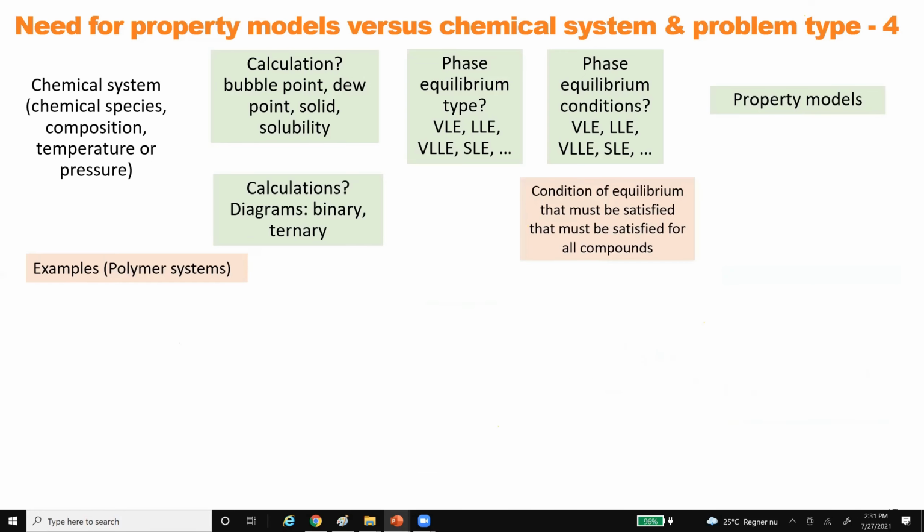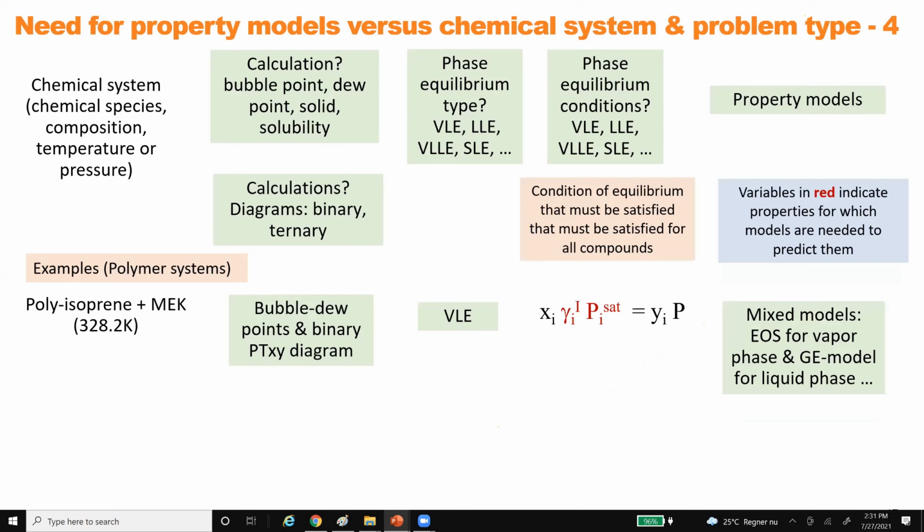So the last one is polymers. If we have isoprene with methyl-ethyl ketone and we want to calculate bubble points, dew points, and the PTXY diagram, it is possible, but with a mixed model: an equation of state for the vapor assumed to be ideal, and for the liquid phase we need the activity coefficient, and X is the saturation point concentration.